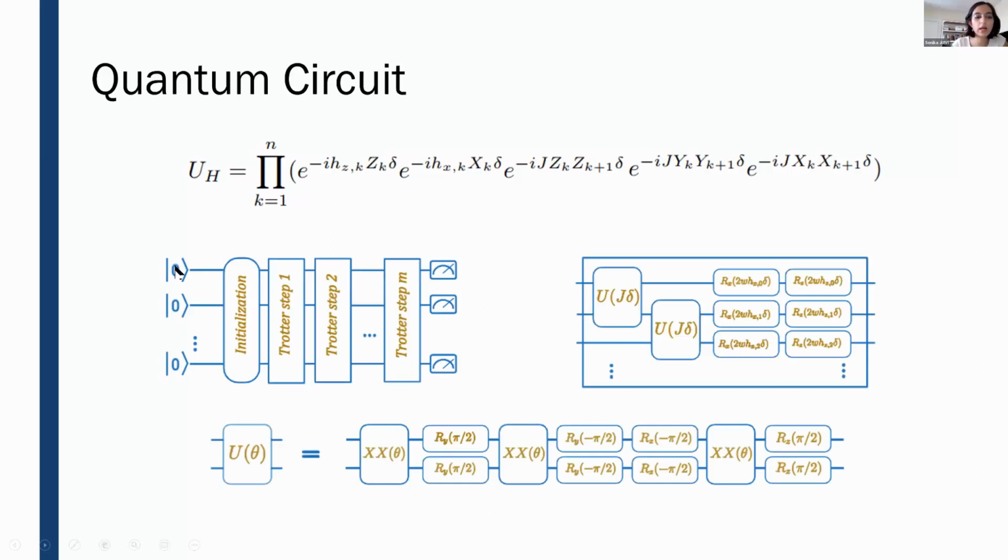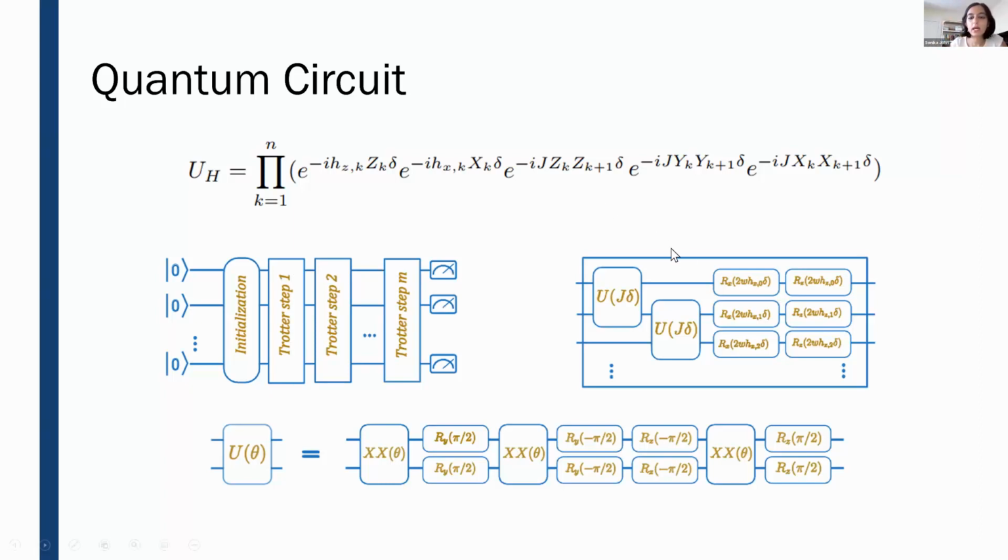Over here, you start off all your qubits in the state 0, you initialize them. Then you want to evolve under that Hamiltonian to time t. Instead of going to time t in one big step, you divide that into m small steps, so in each step you evolve by a time t divided by m.